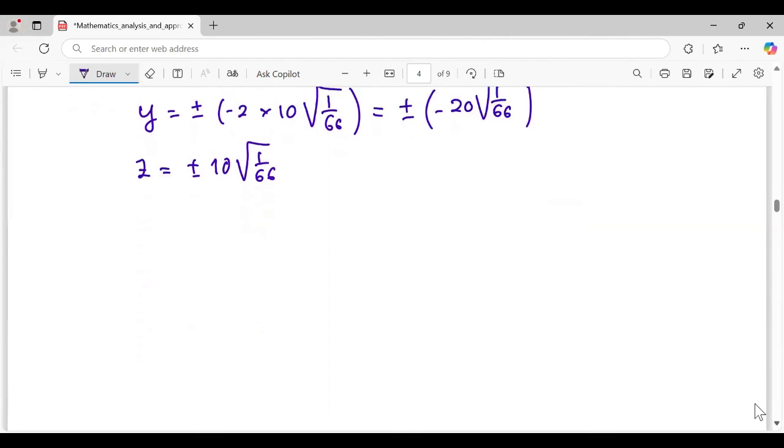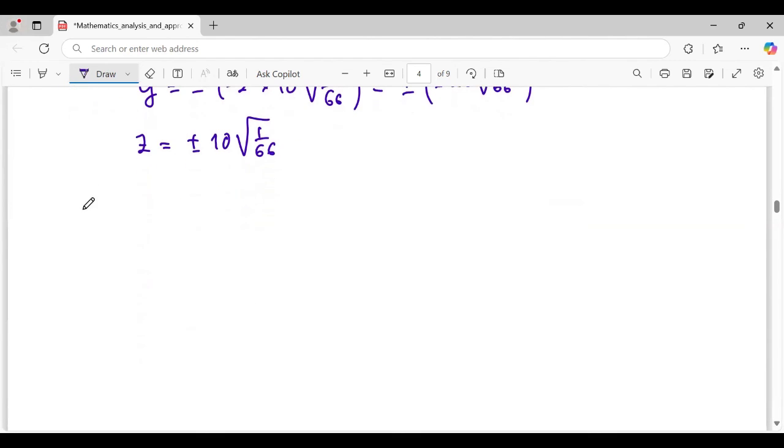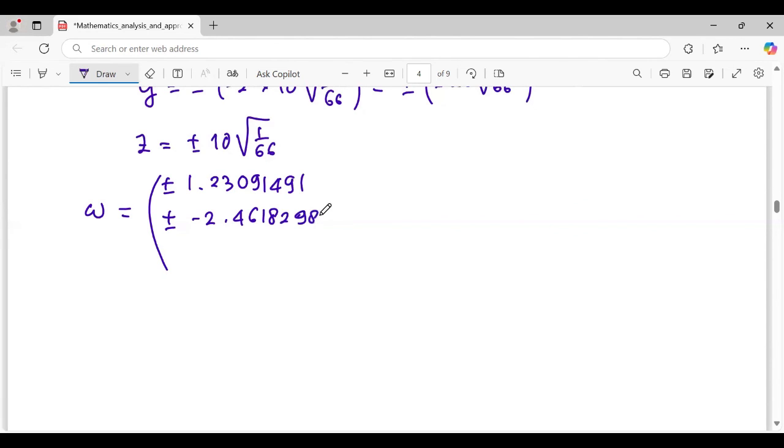Now we are going to determine vector W. In decimal version, vector W is plus or minus 1.23091491 for X, Y is plus or minus 2.46182982, and Z is the same as X, 1.23091491.